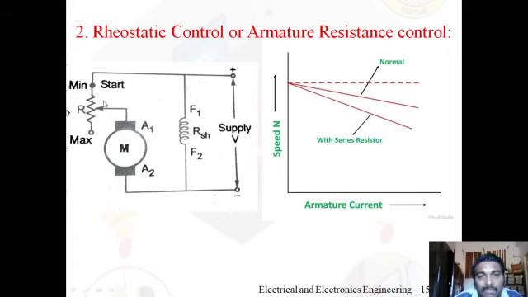When R is 0 and the load is varied, the speed of a motor is directly proportional to V minus IaRa. Only the armature resistance drop will be present. Because of the drop, there is a small change in the speed. You can observe this difference. This difference is nothing but due to the IaRa drop.